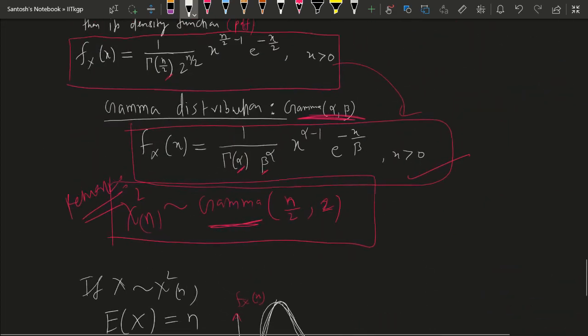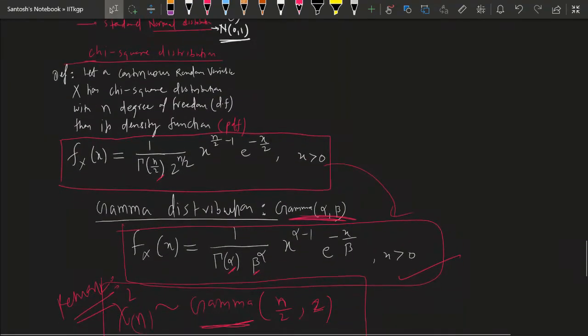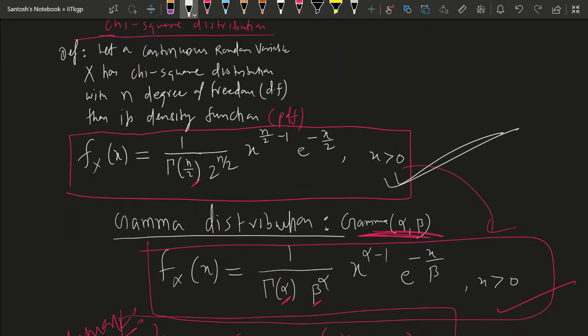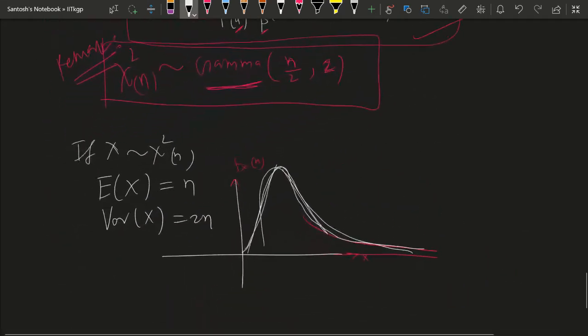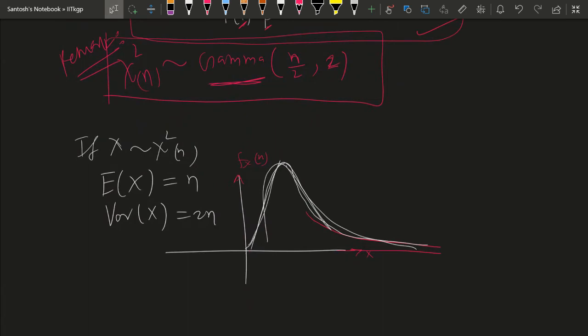Okay, this is about gamma. So what you can remember, those who want to note down, you can note down. This is a PDF of gamma, and mean is n, variance is 2n, and the graph is like this. Shape of the PDF is like this.